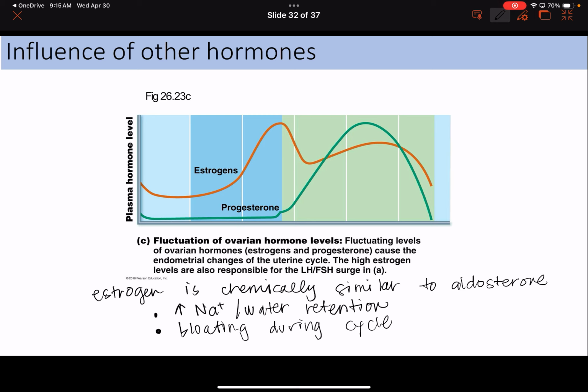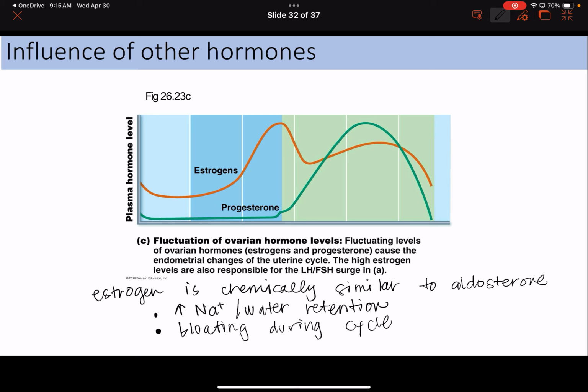And if you remember from female reproduction, don't forget those hormone pathways, because of the FSH and LH pathway, we're going to have an increase in estrogen. And then that's going to cause a negative feedback, which causes a decrease in FSH.